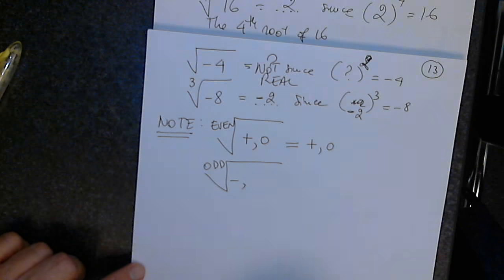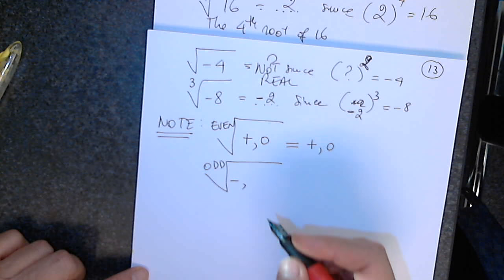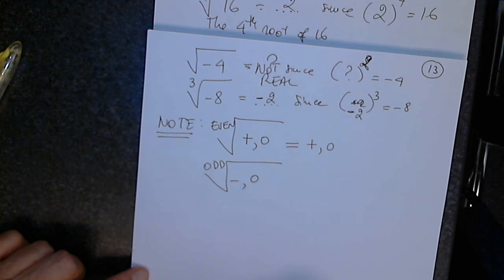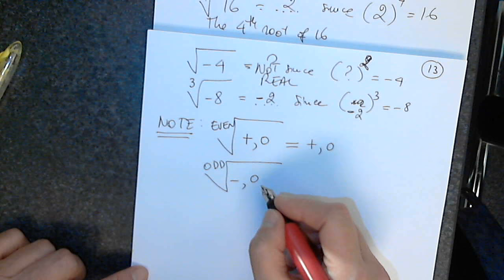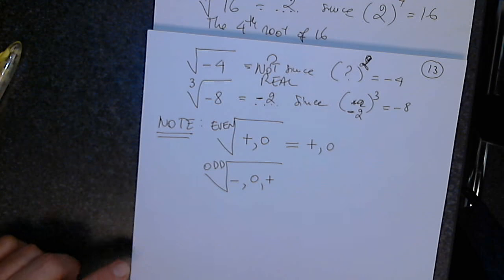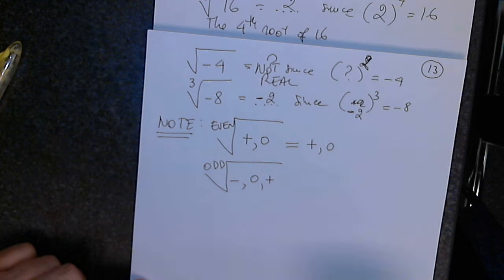What else? How much is the cube root of 0? Which number do you take to the third power to get 0? Good. How much is the cube root of 8? We just had it a minute ago. Right. So under an odd index root, you can have anything. What will be the answer?